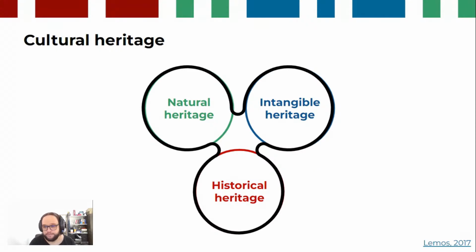We have a definition by Lemos in 2017 that describes the cultural heritage of a country, a nation, a group of people, as the union between the natural heritage or natural patrimony, the intangible heritage or folklore of these people, and the historical heritage, the built patrimony. And all of these combined make the cultural heritage.